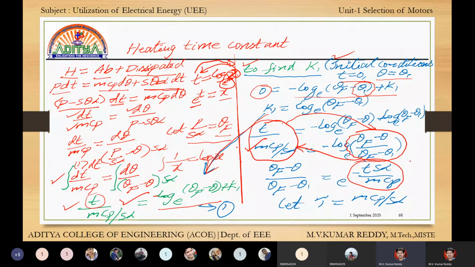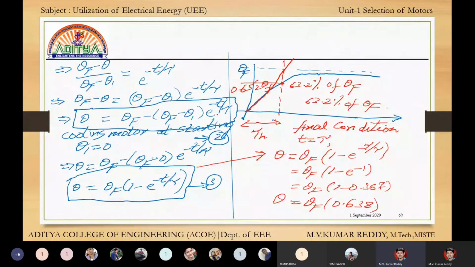This term should be in the form of minus t by tau, where tau is the time constant. Hence tau is equal to mc by Sα. Now it is converted to minus t by tau.